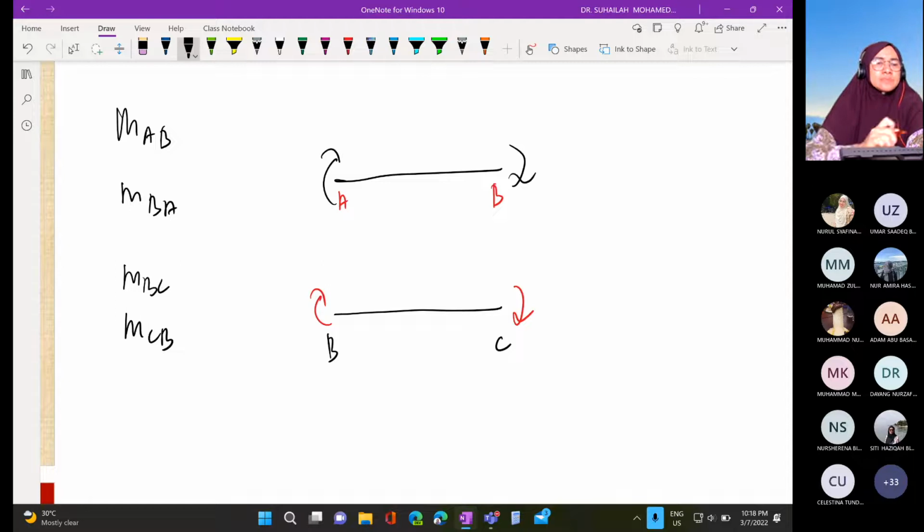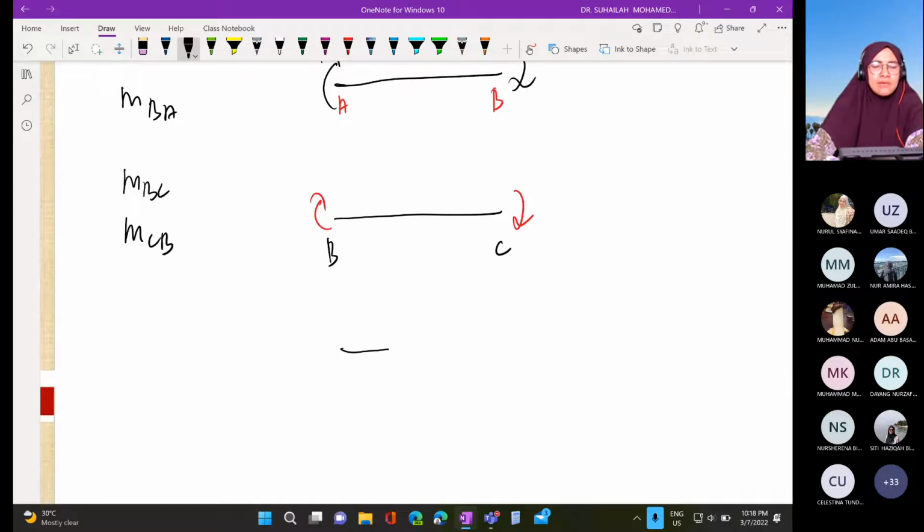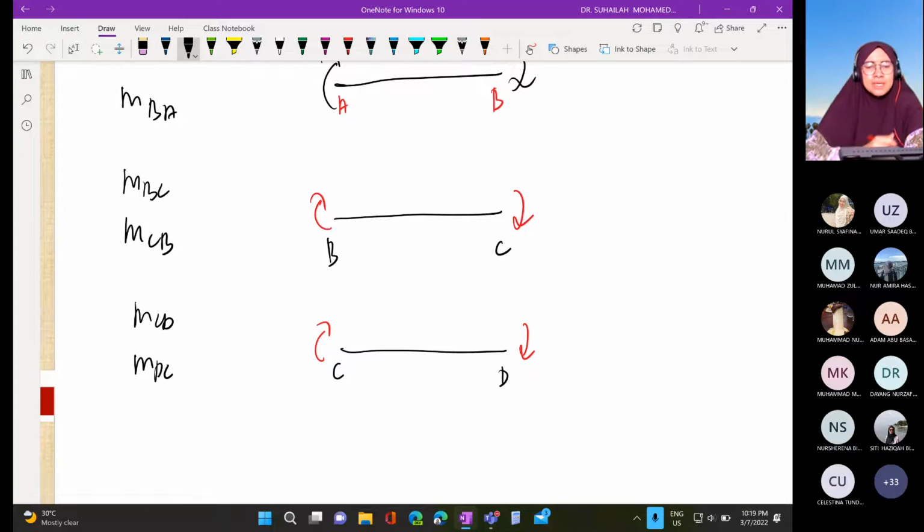And then we have member CD, with MCD and MDC.